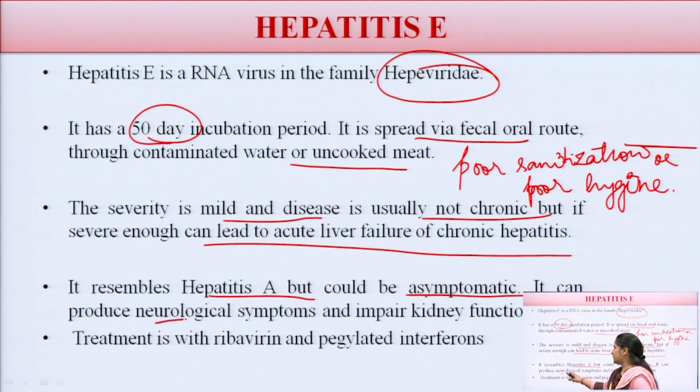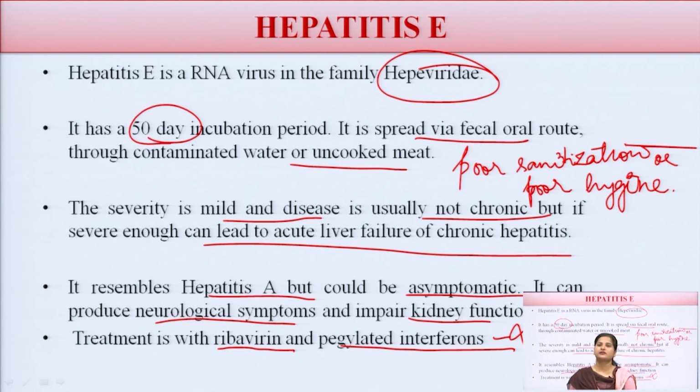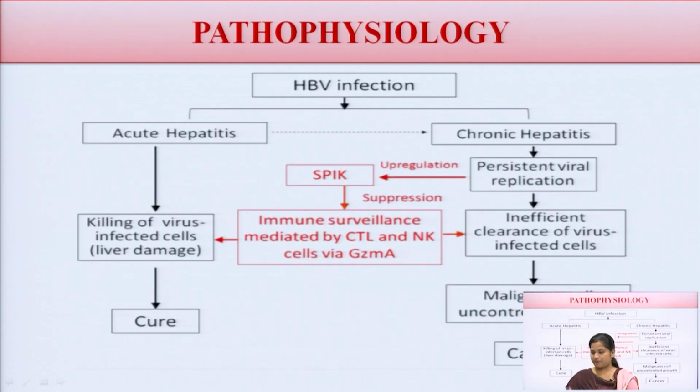It can produce neurological symptoms and impairment of kidney function, and the treatment is with ribavirin and pegylated interferon alpha. So these are the drugs used for treatment.